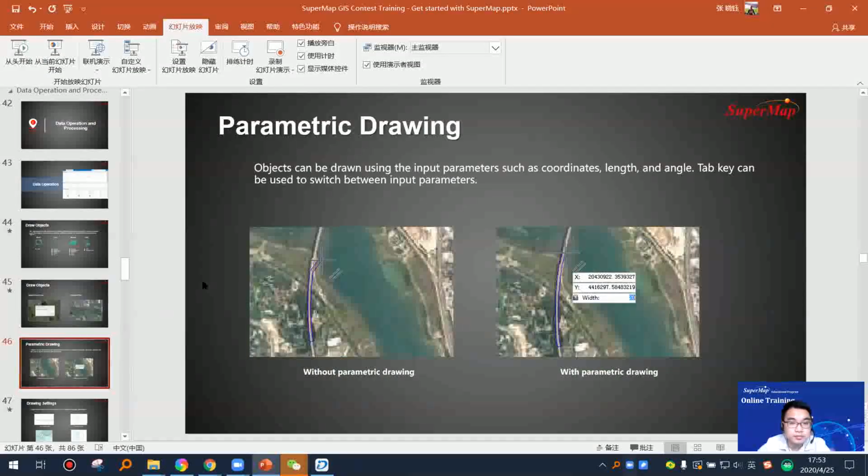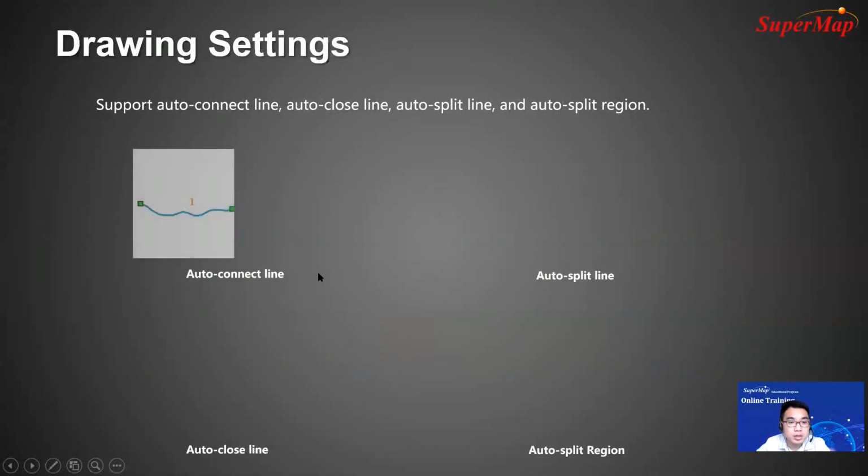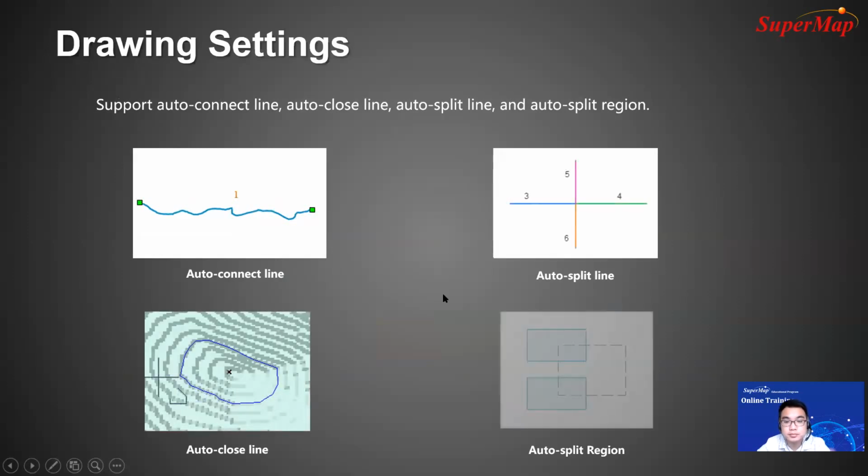And also for some drawing settings, we support snap and adding nodes for the lines and regions, and also functions like auto split the line and auto split the region.